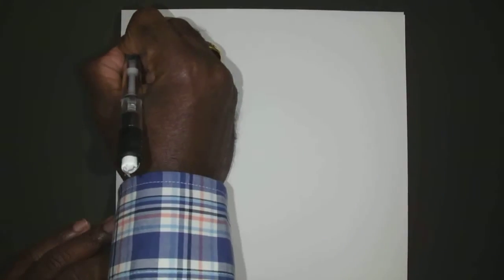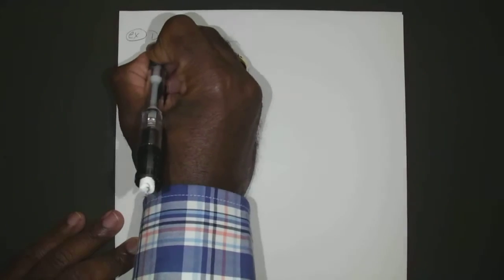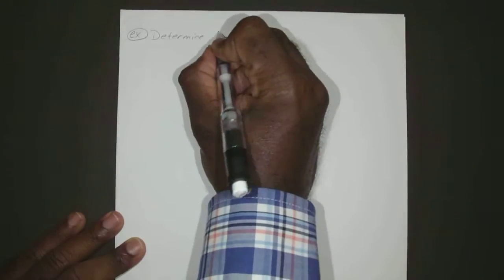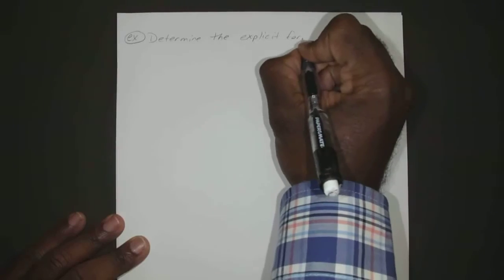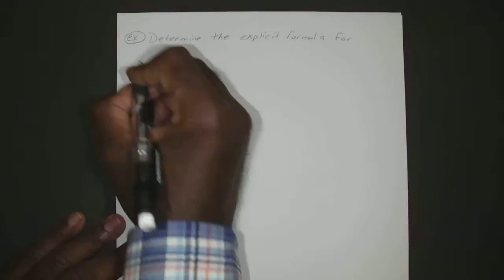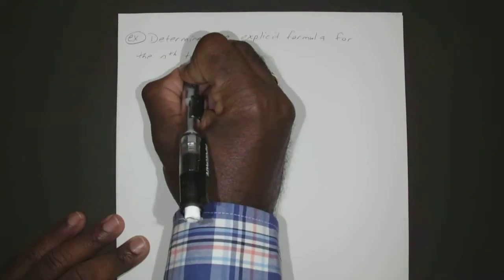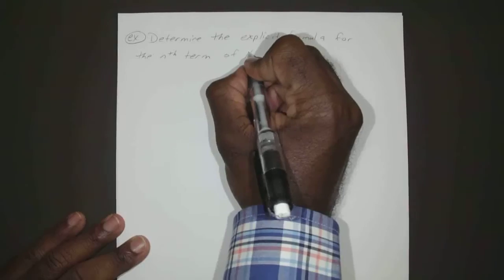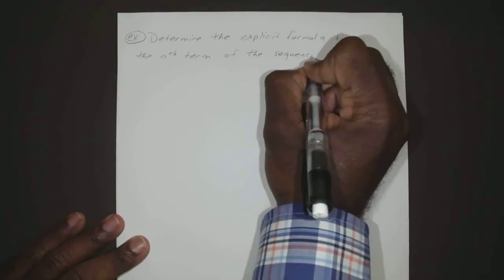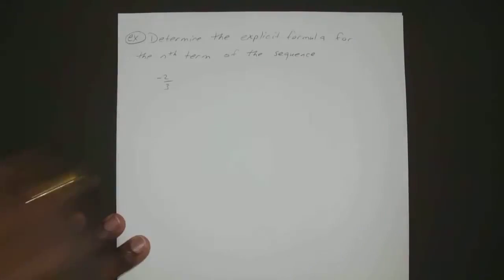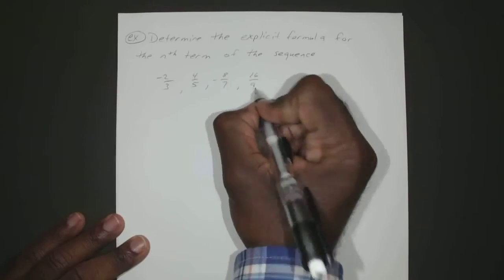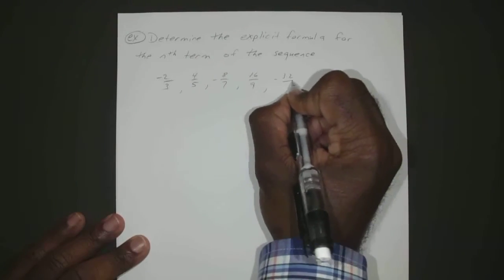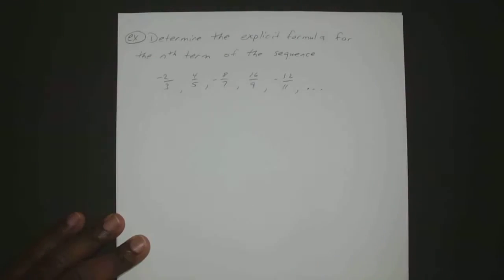Okay, so let's say, for example, we wanted to determine the explicit formula for the nth term of the sequence negative 2/3, positive 4/5, negative 8/7, positive 16/9, negative 32/11, and it keeps on going.